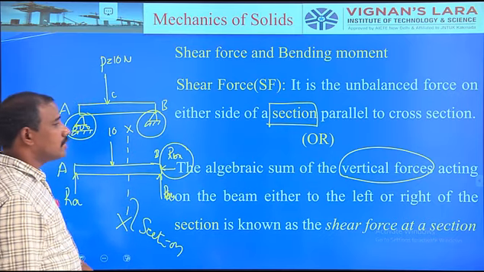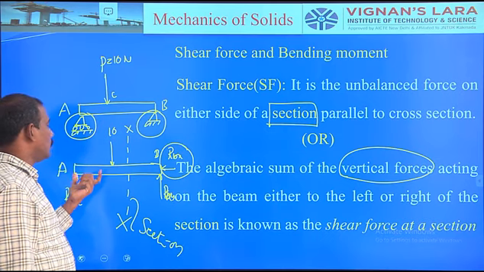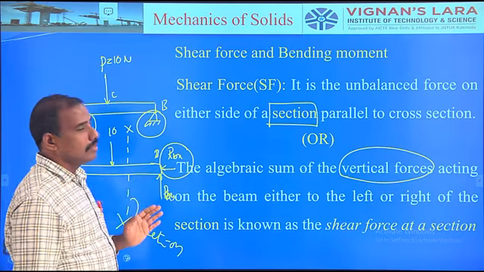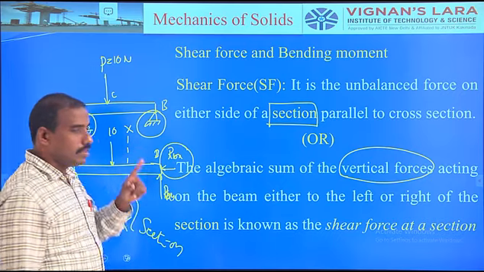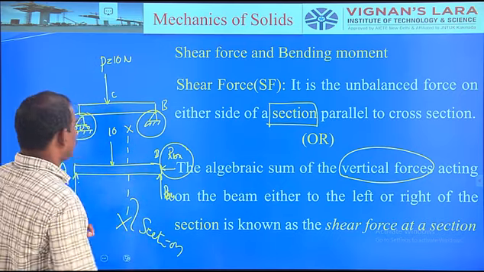So how many forces are acting left of the x-axis line? There are two forces. How many forces are acting right of the x-axis? Only one. So what do we have to calculate? Simply we have to calculate the net force to the left of the section and the net force to the right of the section.